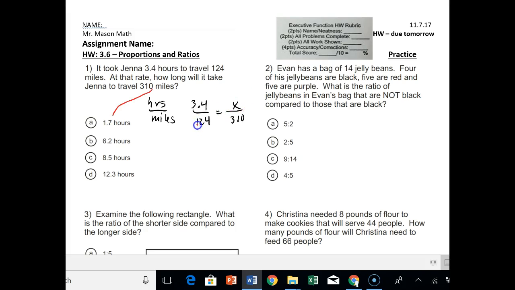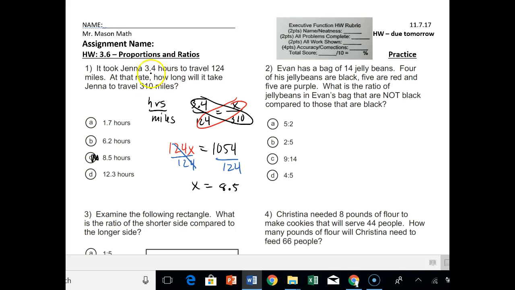So if we multiply straight across, we get 124x equal to 1054. And then we're going to want to divide by 124. Always divide by the number attached to the variable. So those cancel out. So x is equal to 8.5. So it will take her 8.5 hours to travel 310 miles.